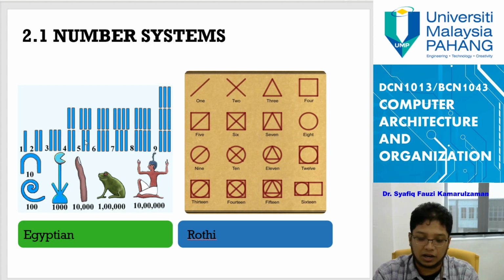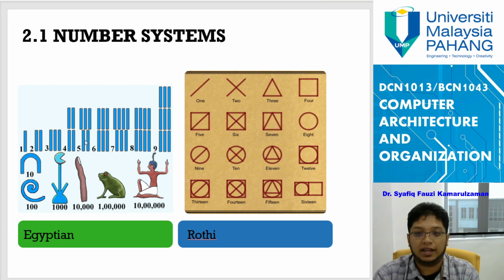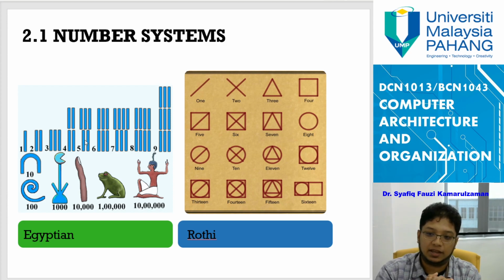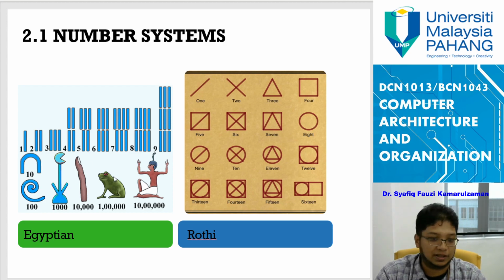However, there are a lot of symbols involved in number systems, and depending on the civilization that created the number system, they are different in representation. For example, in the Egyptian number system, you can see on the left, at the beginning it is almost countable, and when it gets to more than 10, it becomes another symbol entirely.